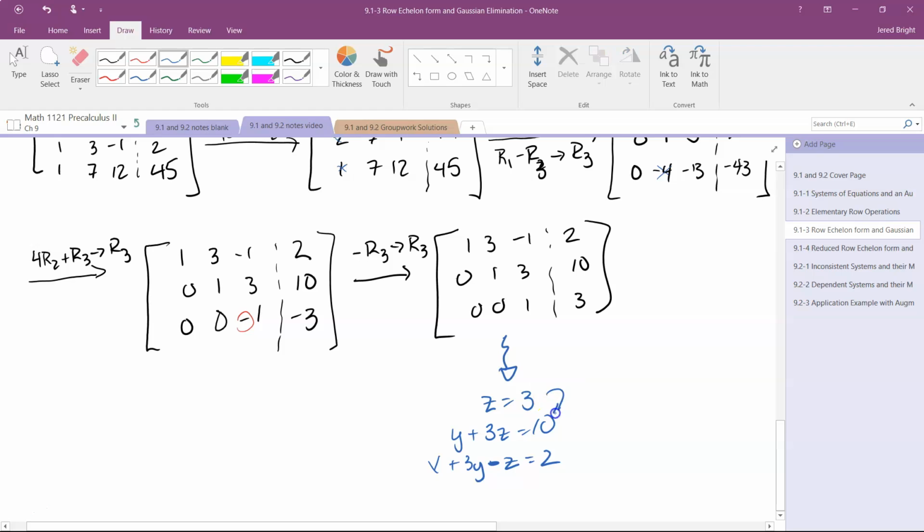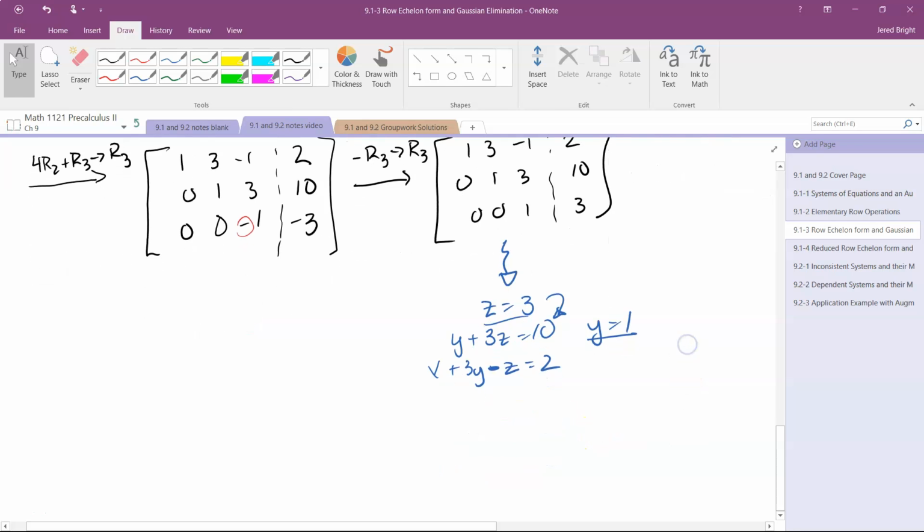Okay, so now I'm going to put this in, and this just gives me that y is 1, and so I have 2 values, and lastly I can find x: x plus 3 times 1 minus 3 is equal to 2, so I think that just gives me that x is equal to 2.